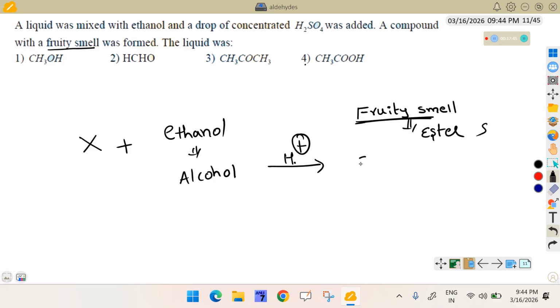That means an ester is formed as a product. We know the ester formation reaction: carboxylic acids or acid chlorides or acid anhydrides react with alcohols, then they give an ester. Here it is a carboxylic acid, so the fourth option is the correct option.